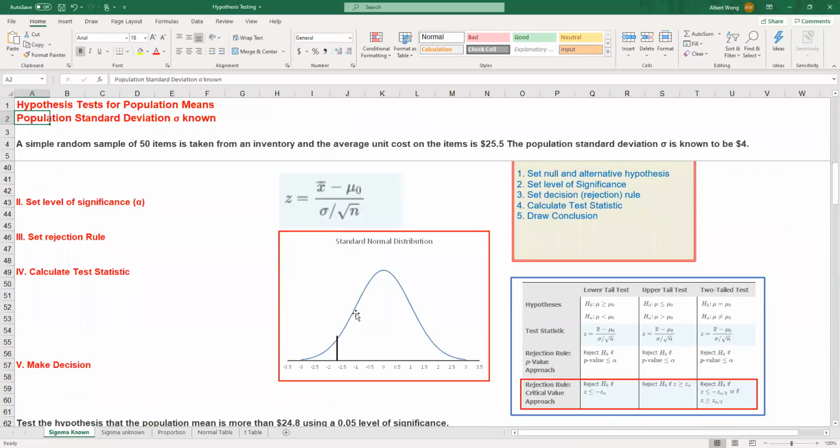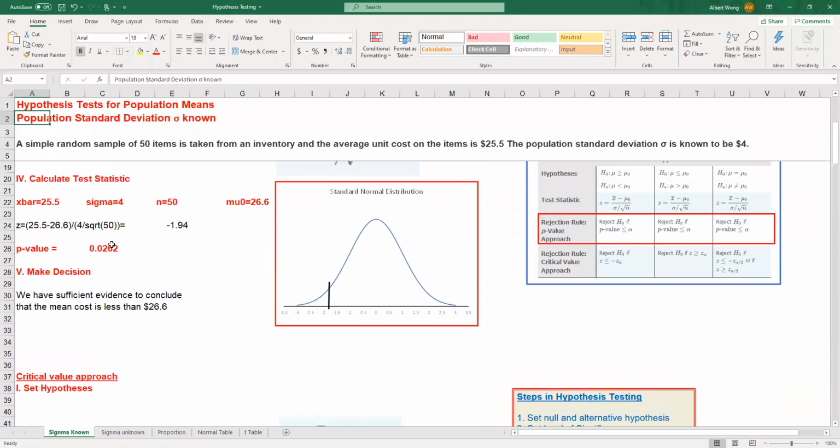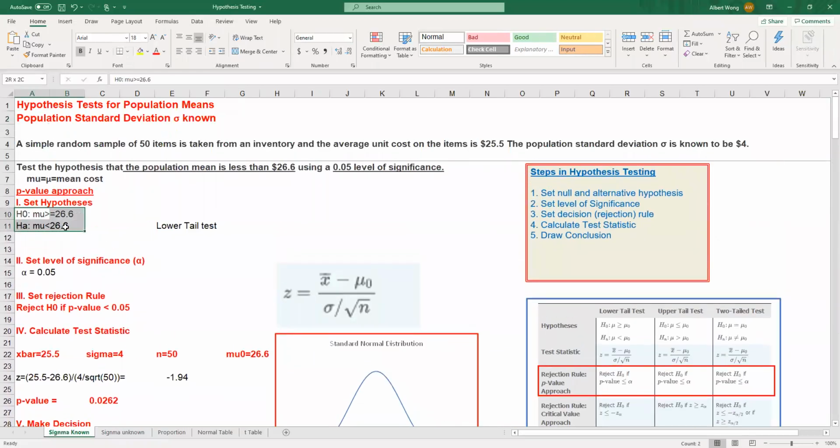In the critical value approach, instead of comparing the area, we're comparing points. We will compare the test statistics with a critical value that we found from the table. Obviously the idea is exactly the same, except that one is to compare areas, the other one is to compare points. So from that point of view, there's a number of steps that are the same.